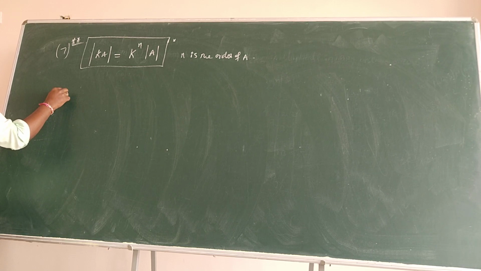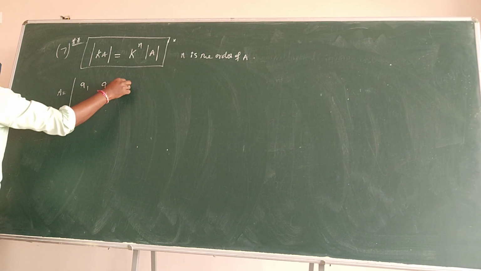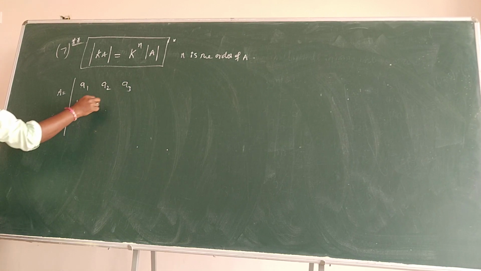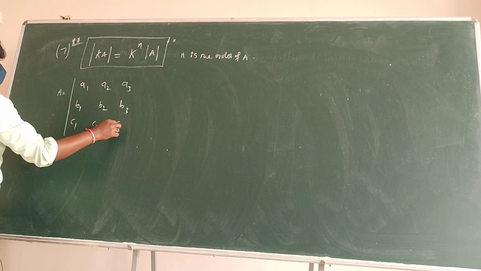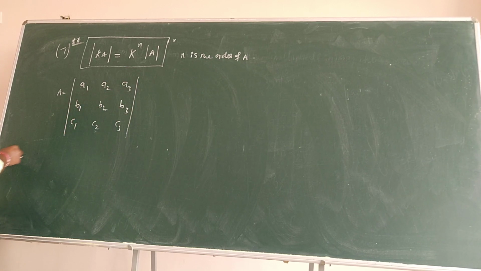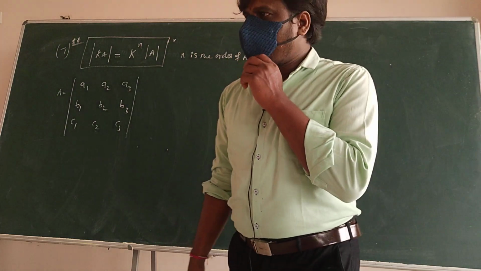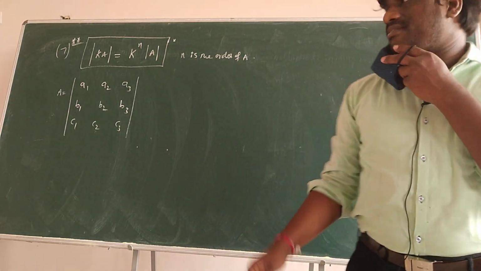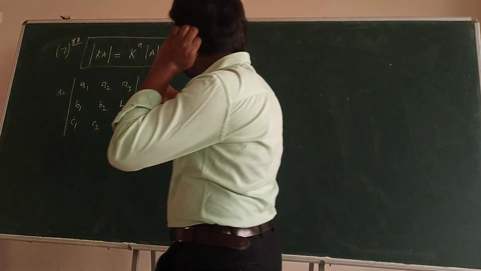Suppose you have A is equal to the determinant A1, A2, A3, B1, B2, B3, C1, C2, C3. Should I explain? See here, you have a determinant like this. So what will be the determinant value of this?